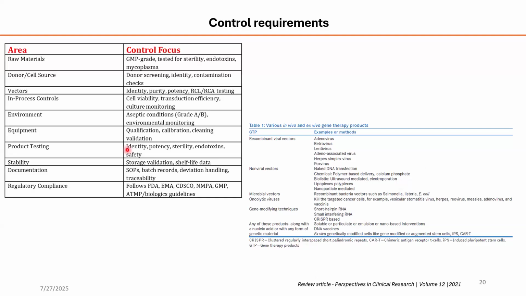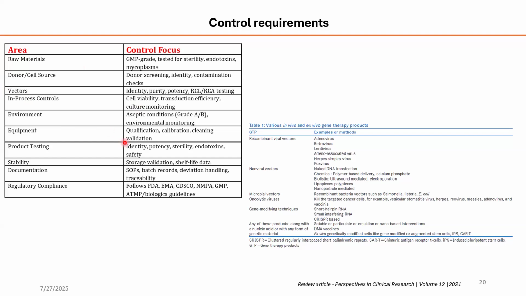So in that case, all the control focus will be on the raw materials used, who is the donor, what is the cell source, what kind of vectors are used, what kind of controls have been done, like checking the cell viability, what is the transduction efficiency, what is the culture monitoring, what kind of environment is used, and then the equipment, all the equipment qualification, calibration, and validation has to be provided.